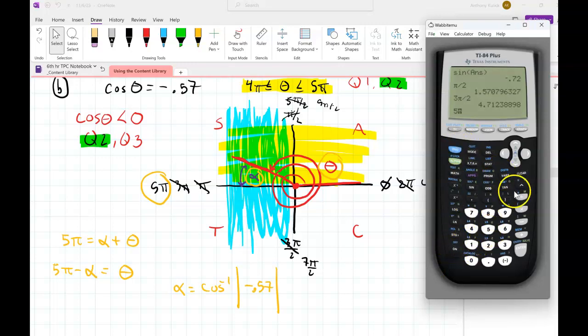Now, instead of typing in the absolute value in my calculator like I did last time, I'm just going to do the absolute value in my head and skip the buttons. You guys are all cool with what I did there? I'm always going to write the absolute value on my paper, but when it comes to my calculator, I'm just going to save myself the buttons. So I get about 14.74.